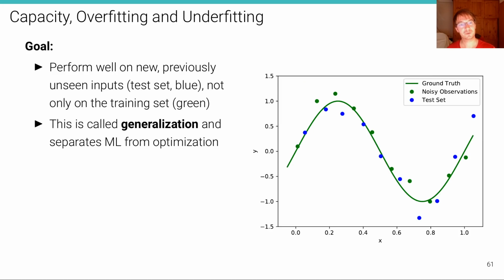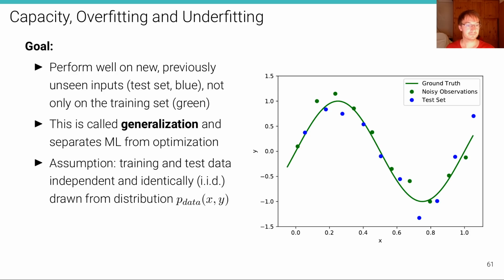So in summary, we want to perform well on new, previously unseen inputs, the test set here in blue, not only on the training set in green. This is called generalization, and this separates machine learning from optimization. In optimization, we are just interested in fitting a model to observations. In machine learning, we are always interested in a model that generalizes well.